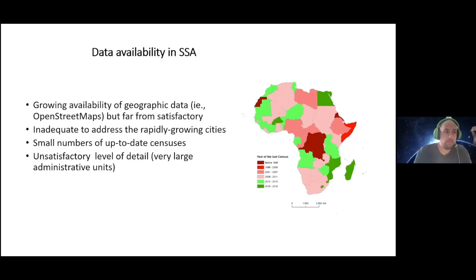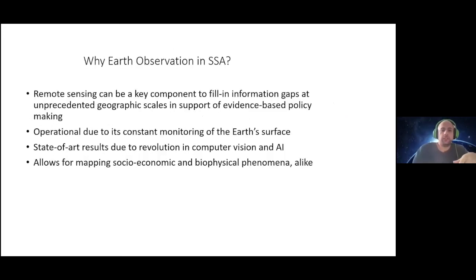So there is a dramatic need for good information in these regions, and Earth observation and AI can play a really important role to fill these gaps. Why can Earth observation and AI, particularly remote sensing, be a key component to fill these information gaps? Because it can provide documentation and description over very fine geographical scales, at very fine spatial resolutions.